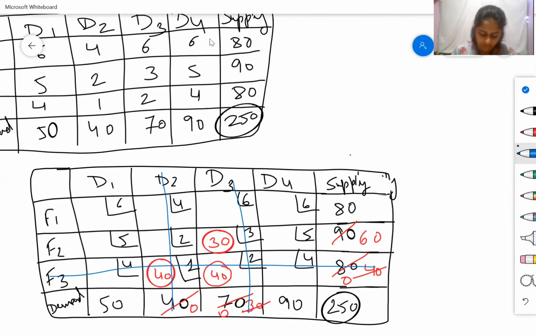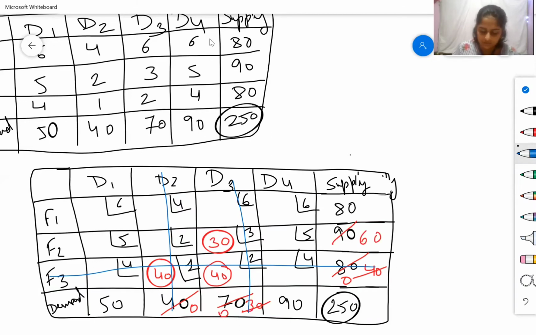Here we have 50 as demand, here we have 90 as demand, but we have supply as 60. So if we take D1 F2 column 5 here and allocate 50, we can allocate only 50 here because the demand is only 50.